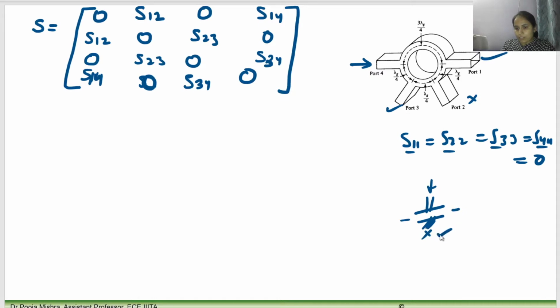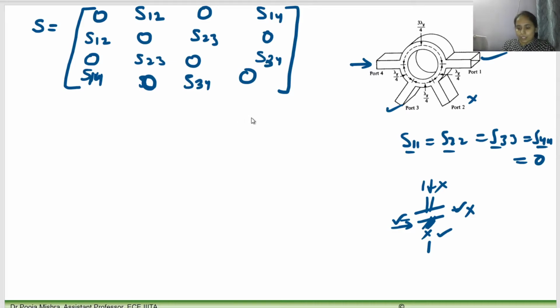If we were sending the signal from the H port, we were getting it from port 1 and port 2, and we were not getting it from the E arm. If you are sending the signal from one of the collinear arms, it will appear from this port and this port, and we were not getting signal from the other collinear arm. The same is happening over here. This was the very first hybrid device that was made.